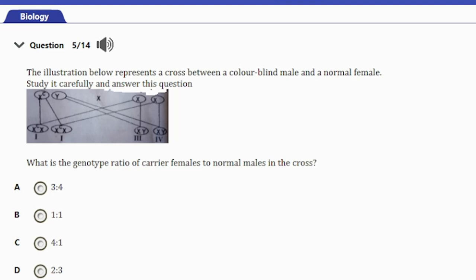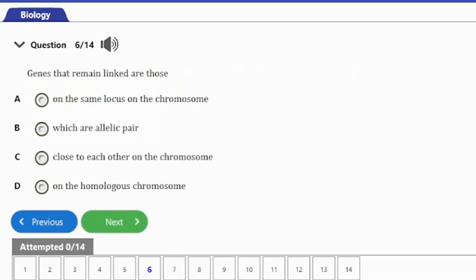So that's a ratio of 2:2, which corresponds to 1:1. And that's the answer to this question. Let's go ahead and consider the next question.